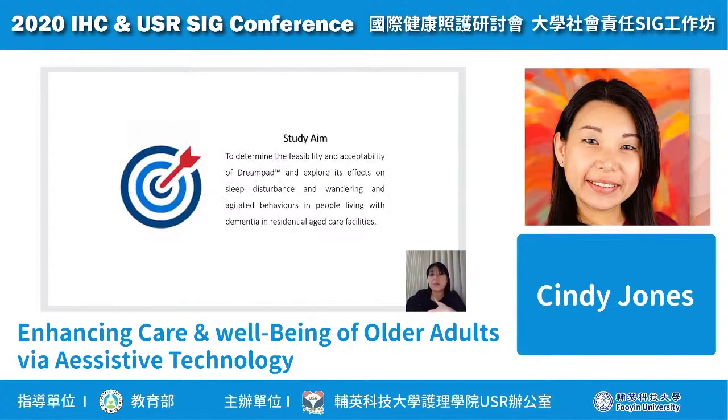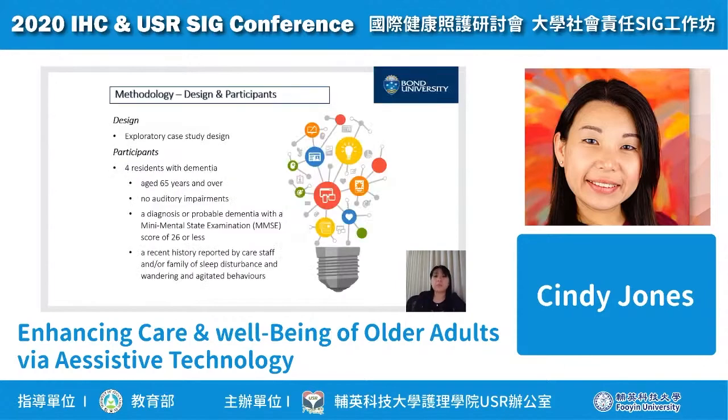So the study aimed basically to look at feasibility and acceptability of DreamPad and explore its effect on sleep disturbance, wandering, and agitation in people living with dementia in residential aged care or nursing home.